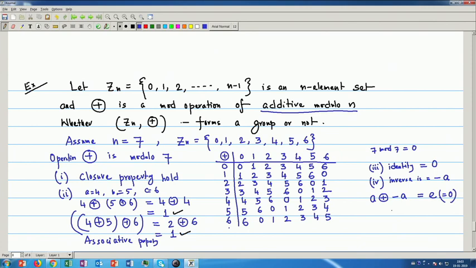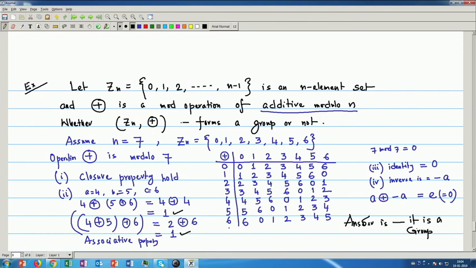So, inverse exists. So, it forms a group. So, my answer is, it is a group.